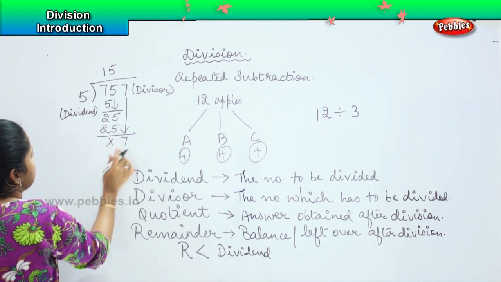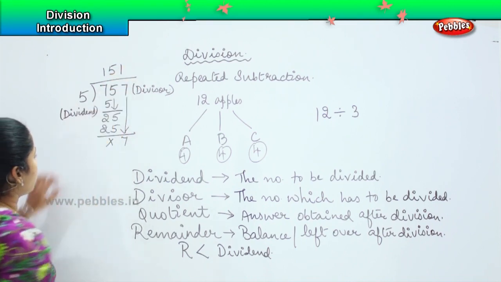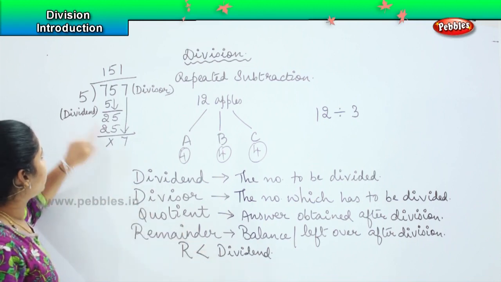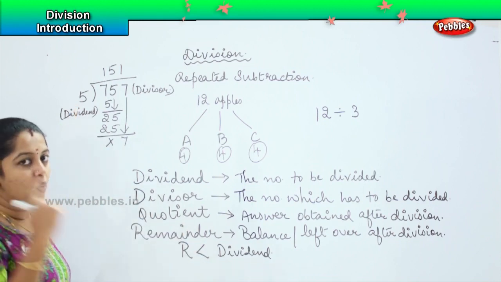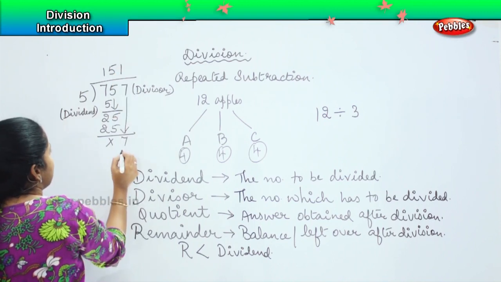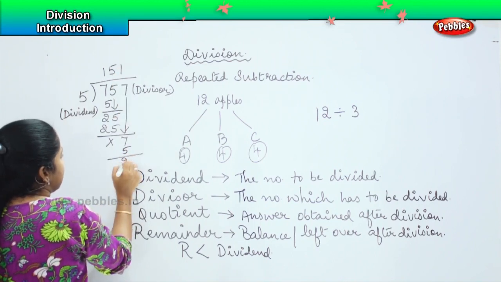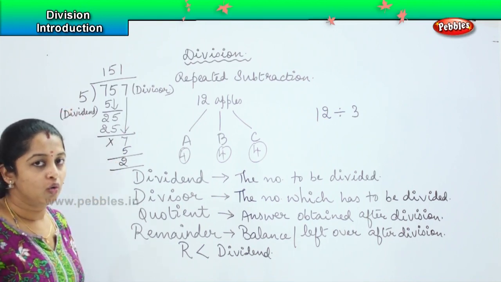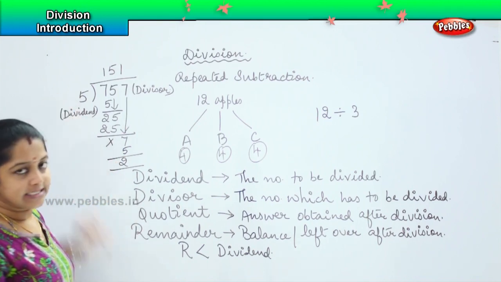Here it is nothing. So again one time, because as I said, remainder should be less than the divisor, right? So this 7 is divisible by 5 one time. So here again 1, 5 and the balance is 2. Now, is it possible for you to divide 2 by 5? No, because 2 is lesser than 5.